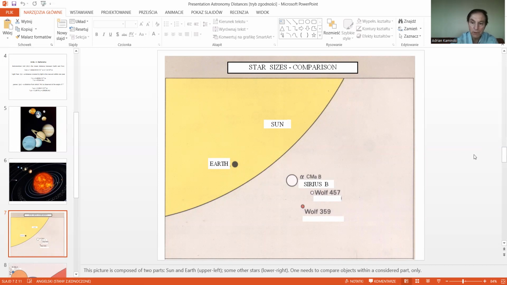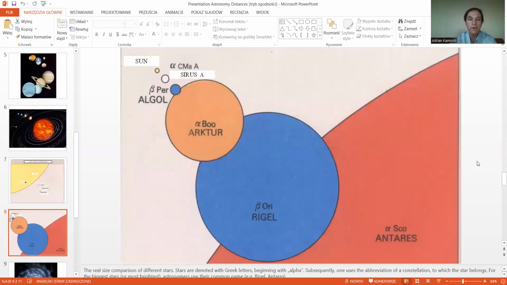That's why we have one more picture over here where our sun is here. It's a very small yellow dot as compared to some other stars like Arcturus, Rigel, Antares. So as you see here, the stars can be much bigger than our sun.